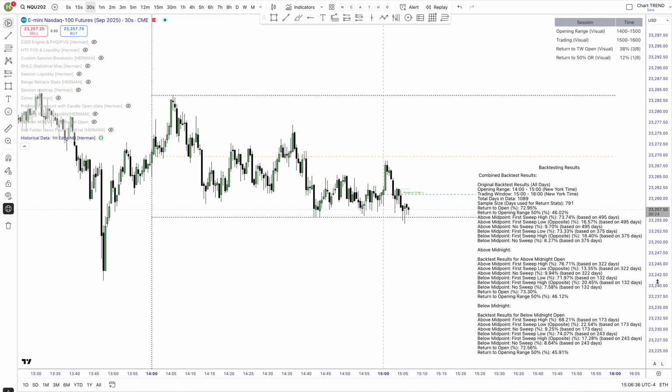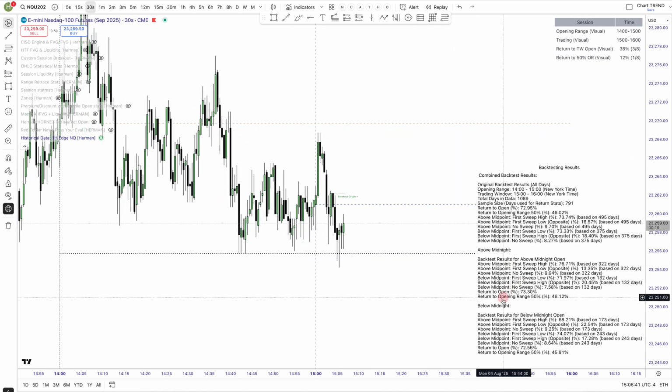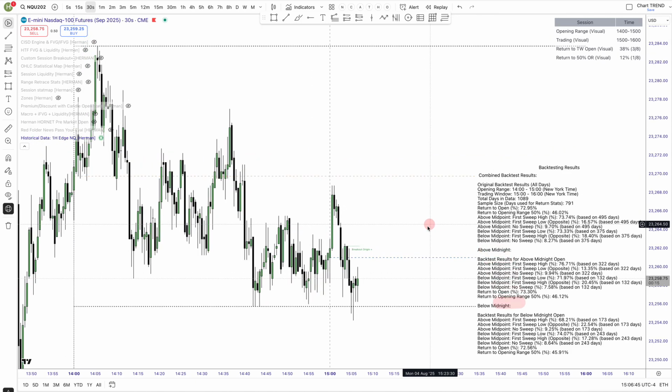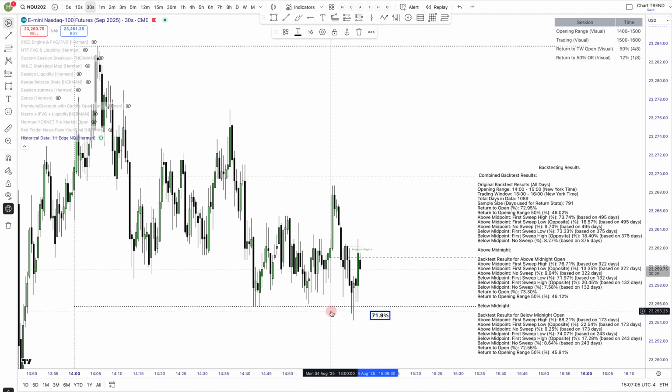So we are checking the stats for the price above the midnight. And we open up in the bottom half, which is below the midpoint. So above midnight, below midpoint, we had 71.9% of sweeping that low first of the previous hour, which is from 2 to 3.